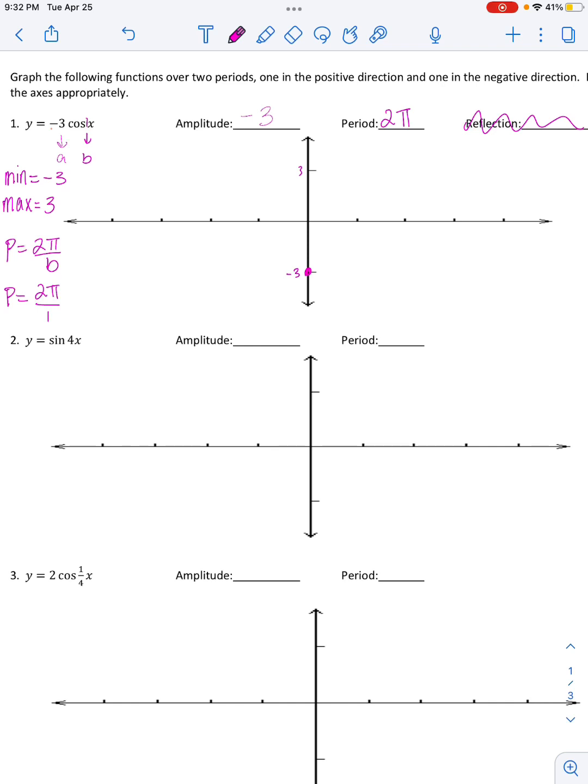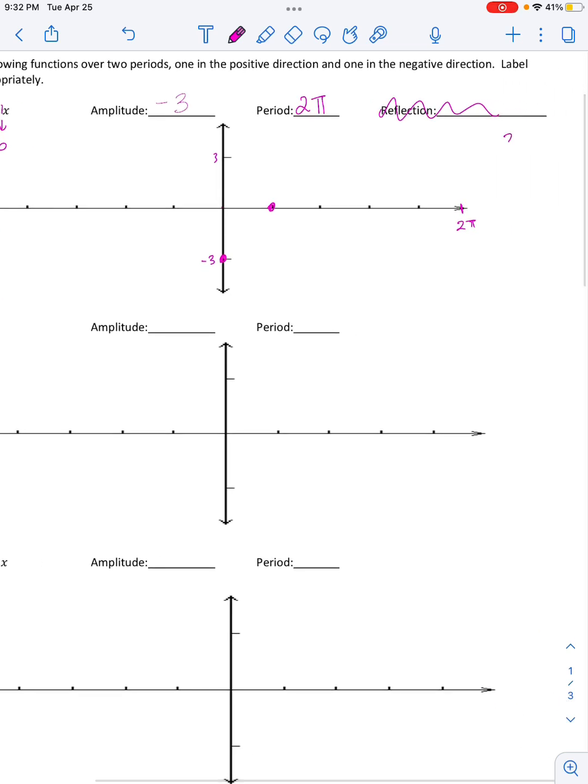It's then going to go up to the midline. And since the period is 2 pi, this is 2 pi, we're going to break that up into quarters. So we'll have 2 pi times 1/4, which is going to be pi over 2.